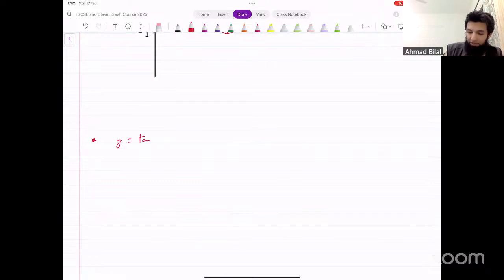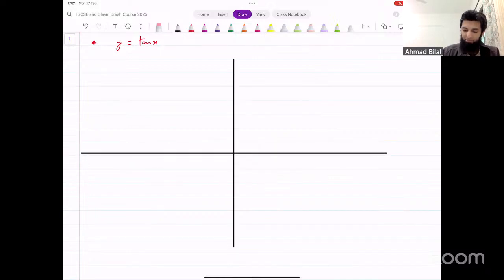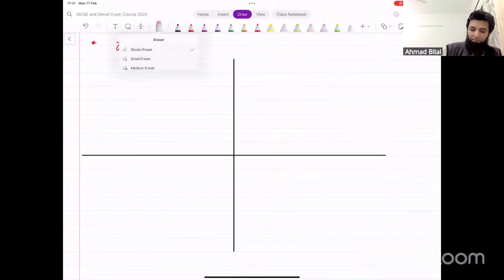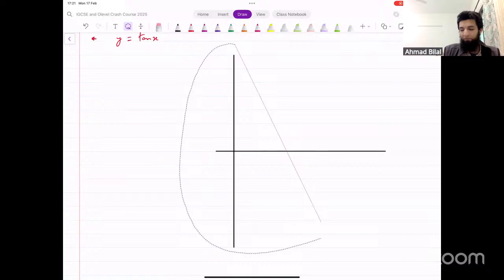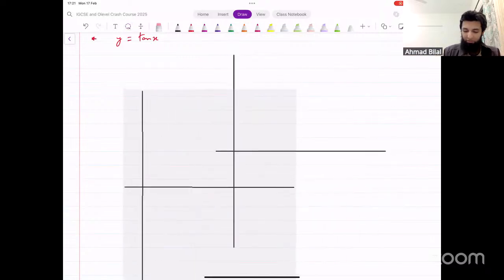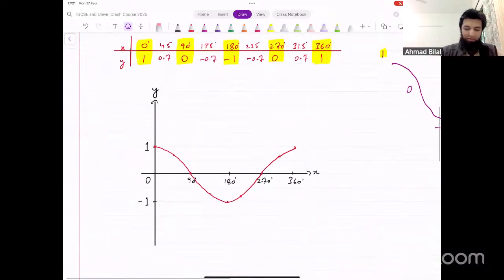Y equals tan of x graph. Let's see what this looks like now. Now for the tan graph, you will need to take an interval of 45 degrees. For tan, you will need an interval of 45 degrees. Let's see what that looks like.